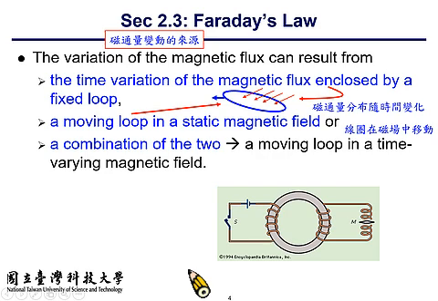If the position of the loop changes as time progresses, even though the background magnetic flux is stationary, we will experience a different amount of magnetic flux. And the third cause can be a combination of the two.